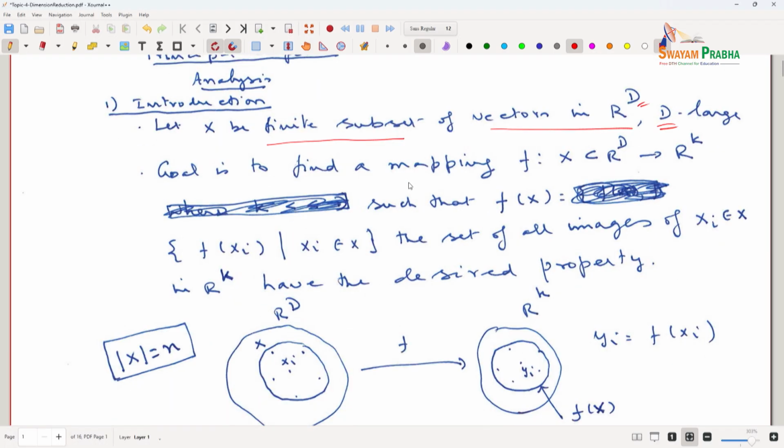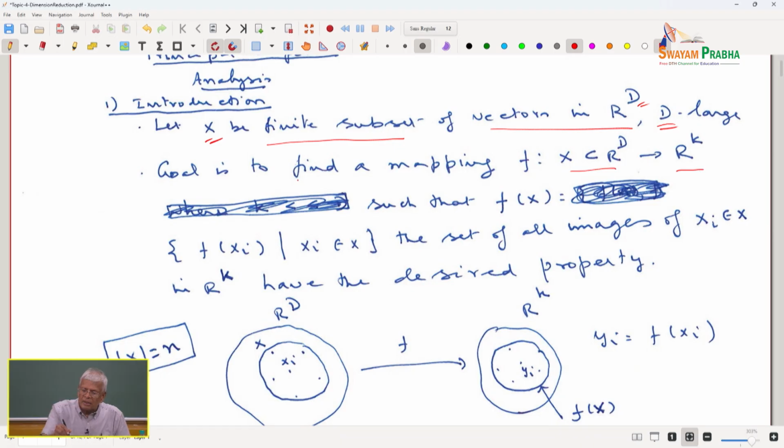The goal is to find a mapping from the set X, which is a subset of R^D, into R^k. k is much less than capital D. You may remember we have used different symbols for the dimensions, sometimes little d, sometimes capital D, sometimes m and n. I don't think that should bother you.